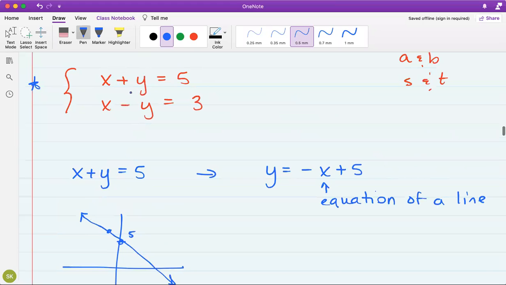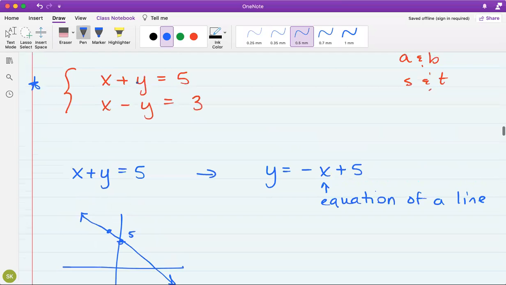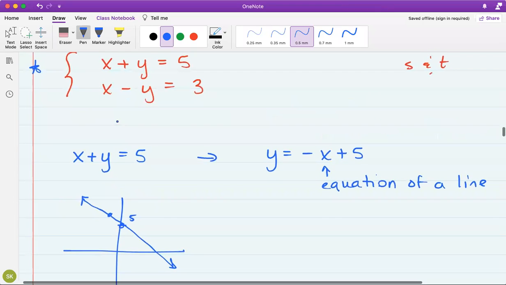And if we only had one equation, and I wanted to find a solution to that one equation, that would just be all the ordered points that satisfy this equation. So any point on this line would be a solution, because if you plug them into this equation, you'll get 5 on the left-hand side.